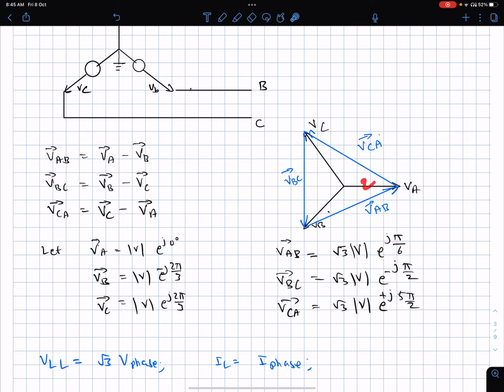So I have drawn VA here, VB here, and VC here. Okay. Now, if I take VA minus VB, then it is equivalent to saying that VB plus VAB is equal to VA, is it not? So VB plus VAB is equal to VA.